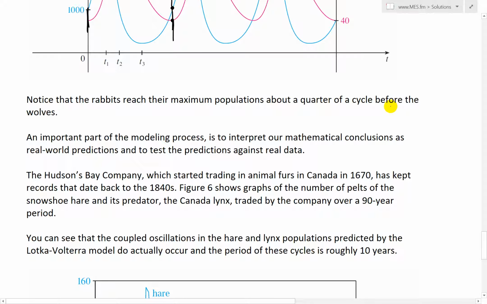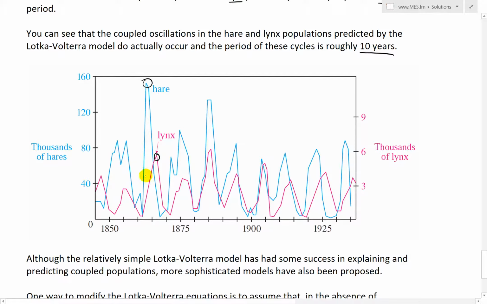Whenever you had a maximum here, for example, of the hare, it's followed by the lynx maximum, and then it decreases, and there's always a shift. There's always a phase shift, and whenever there are the highest hares, it's roughly followed by the highest lynx.